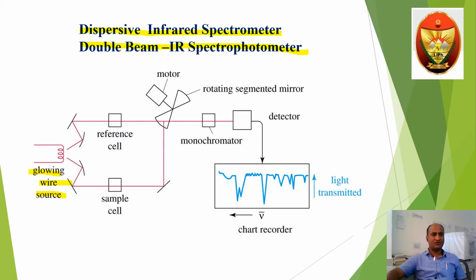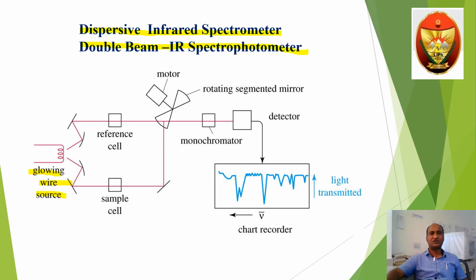From this mirror, one light will move to the reference cell and another light will move to the sample cell compartment, and when it combines it will remove the reference and give you just the absorption of your compound, and it will reach the detector, and finally you will get a spectrum like this. So this is the dispersive infrared spectrophotometer, that is the double beam IR spectrophotometer.